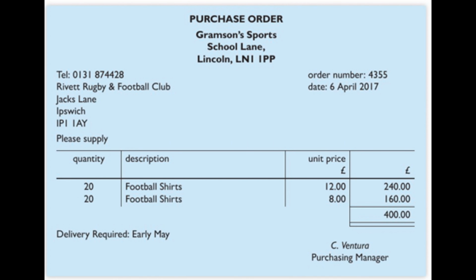And a purchase order will usually contain information such as the name and address of the supplier and other details like the purchase order number. So a purchase order number must be assigned to make sure that you are able to track your orders for reference purposes.